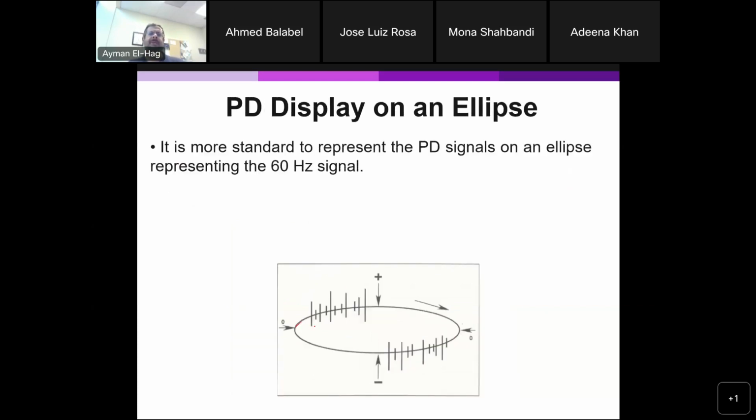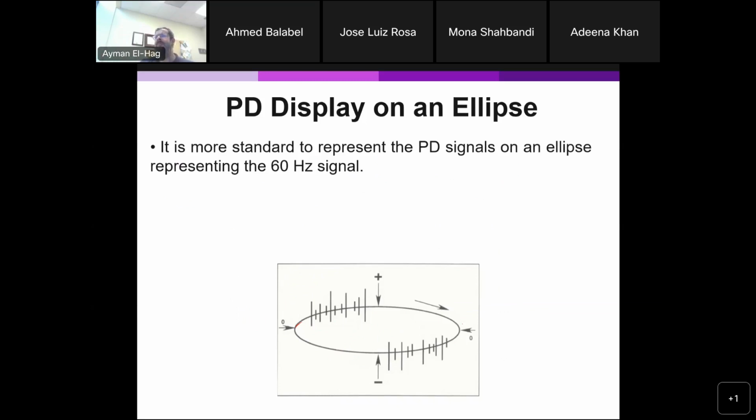Now, historically, people like to show it this way. What I noticed recently is that people don't care much now. Before, you needed to put it in that shape to see clearly the pattern of the partial discharge, and it depended on human judgment.